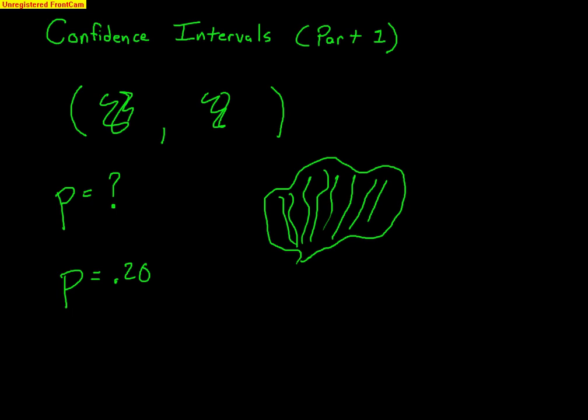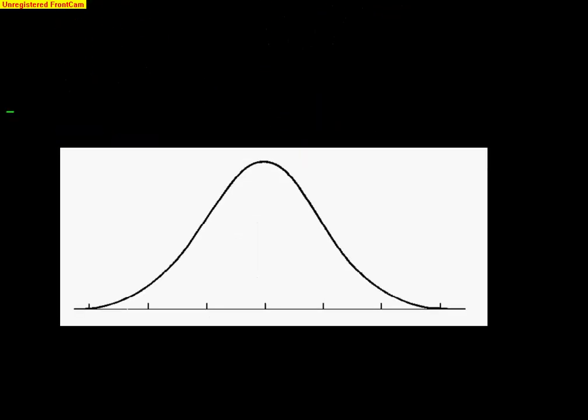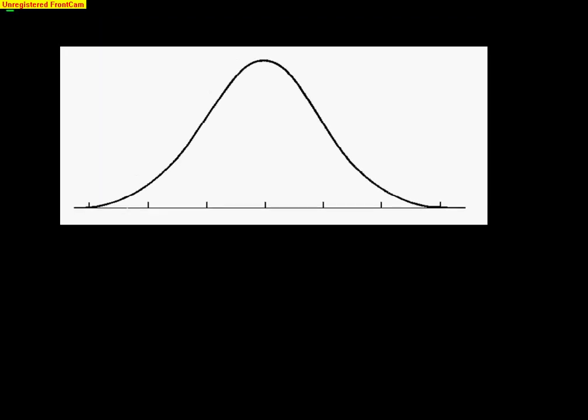So that's the idea of an interval: we're trying to discover what the true proportion of something is. To understand how to find a confidence interval, let's first take a look at what we know so far with a sampling distribution. A sampling distribution represents many, many samples. So we have the true P in the middle, and if you take the average of many, many samples, you should get the truth, the true average. That makes sense.